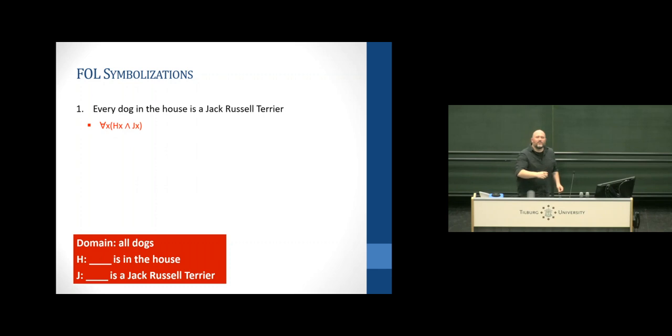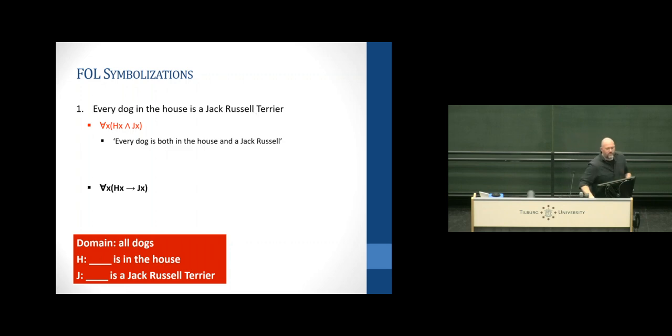It's got to be a conditional. The English tells us every dog that's in the house, all of those ones, they're Jack Russells. There could be pit bulls roaming around outside the house all you want. So it's a very subtle difference, right? This initial version tells us everything, every dog, is an H and a J. But we want everything that's an H to then be a J. So we want this one.